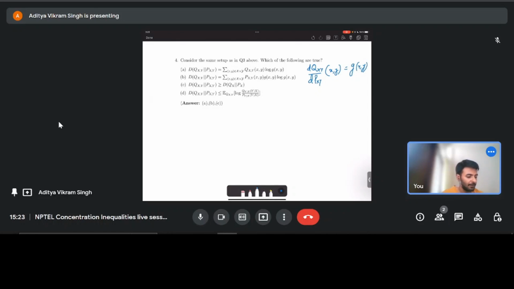Okay. And we want to compute the KL divergence between q_xy and p_xy. So by definition, this is the expected value, where x and y are coming from q_xy, of log dq_xy by dp_xy at (x, y).